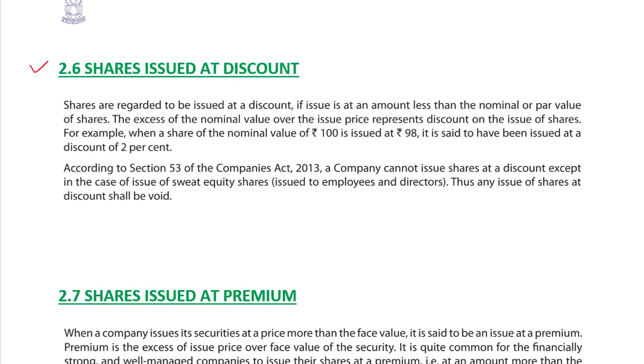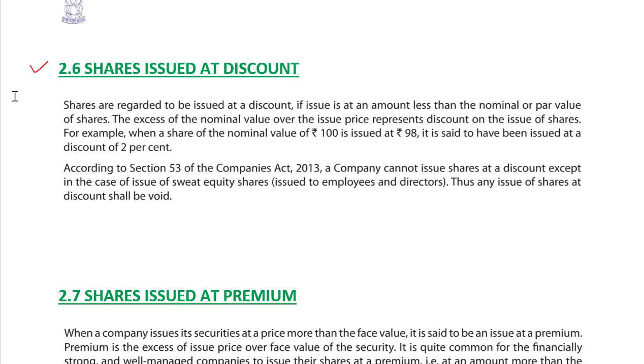Next topic, issue of shares at discount. Shares are regarded to be issued at discount if issue is at an amount less than the nominal value or par value of shares. The excess of the nominal value over its issue price represents the discount on the issue of shares. Example, when the share's nominal value is rupee 100 and the share is actually issued at 98, it is said to have been issued at a discount of 2%.